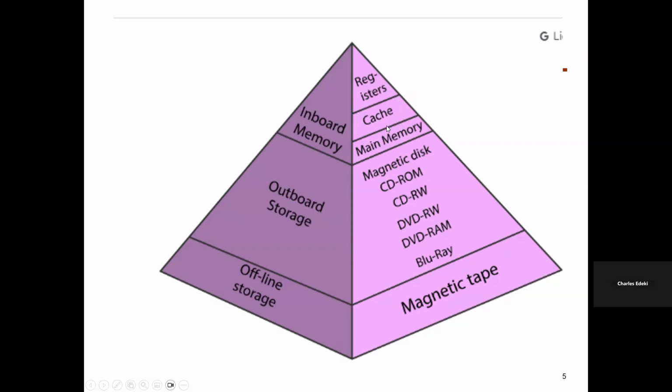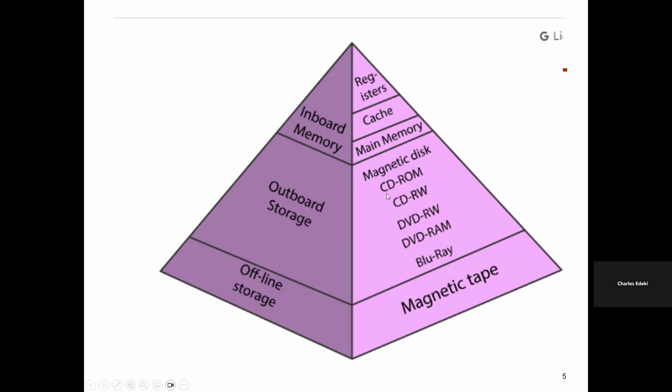Then the next will be the cache, and we'll talk about cache in the next chapter. We have at least four major levels of cache, based on the number: cache 1, 2, 3, etc. Then we have our main memory. Main memory is one of the slowest. The rest are permanent storage devices, outboard storage.